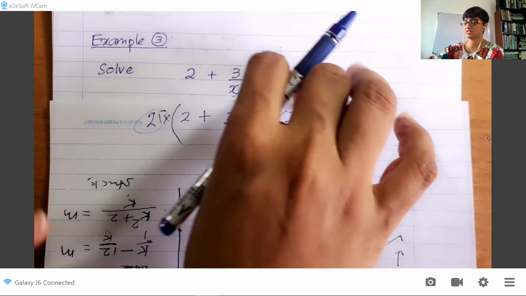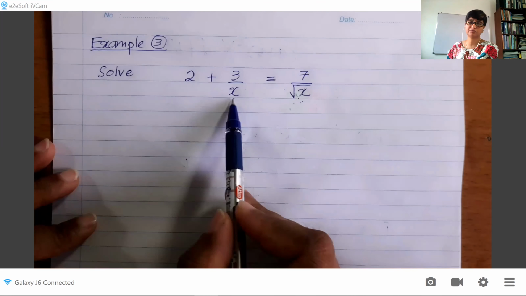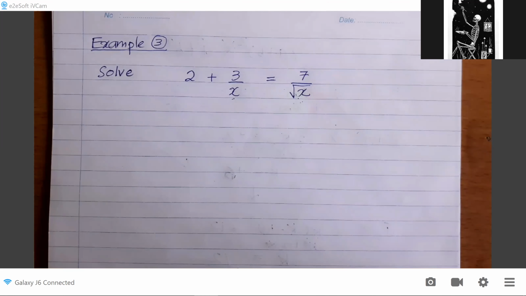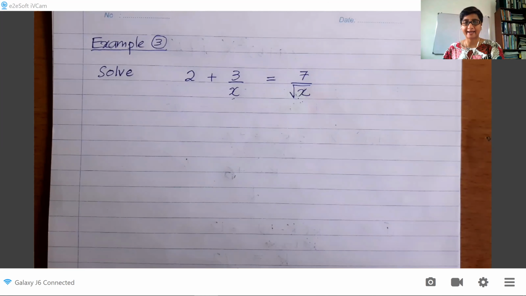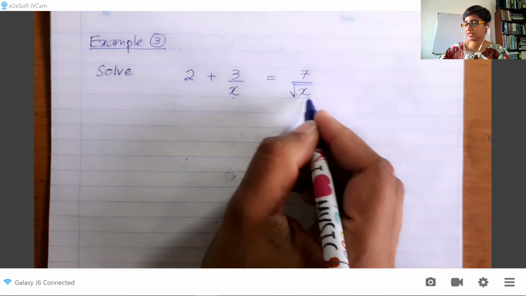What's the smallest common denominator for x and root x? X, because root x is in x. Someone says multiply by x square. That's even bigger. So think of a number here.